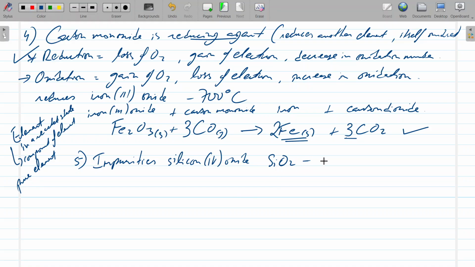And this is acidic in nature. When we, this reacts.